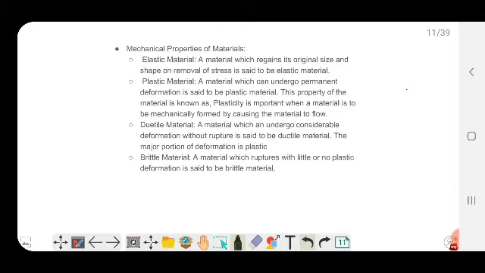Elastic material: a material which regains its original size and shape on removal of stress is said to be an elastic material. Plastic material: a material which can undergo permanent deformation is said to be a plastic material, and this is plasticity. Ductile material: one which can undergo deformation without rupture. Brittle material: a material which ruptures with no plastic deformation.